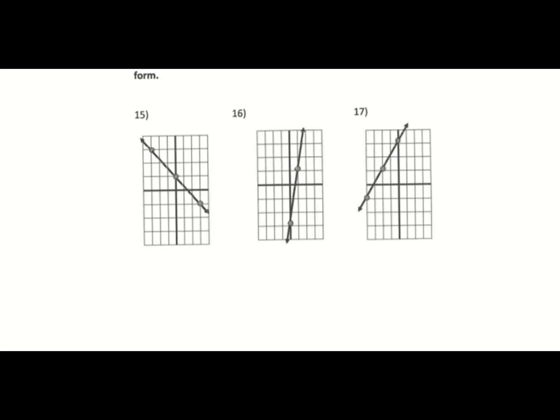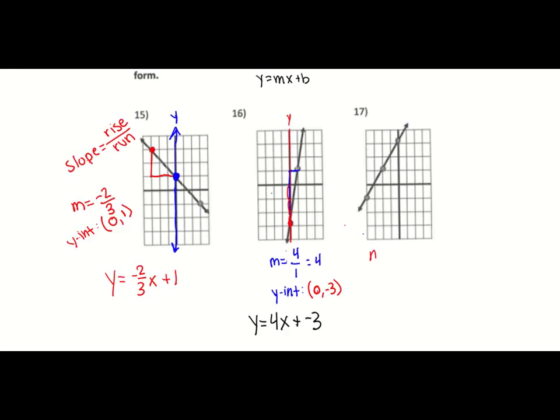Our last example, I'm going to start with the slope again. So I'm going to find my 2 points, going here and here. The rise, I'm going to go up 1, 2, and I'm going to run 1, 2. 2 over 2, that equals 1. So my slope in this case is just going to be 1. And then my y-intercept crosses at 1, 2, 3.